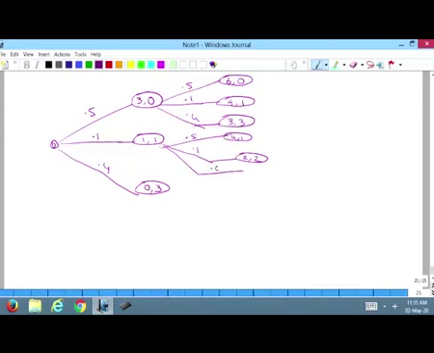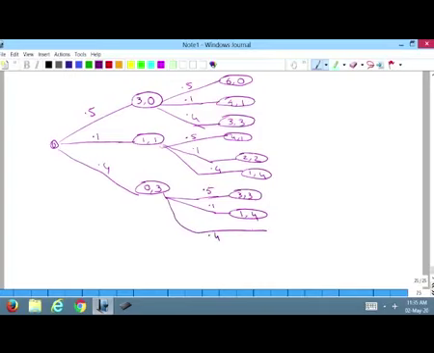And with 0.4, it is going to be 1, 4. From 0, 3 with 0.5, it is going to be 3, 3. With 0.1, it is going to be 1, 4, and with 0.4, it is going to be 0, 6.